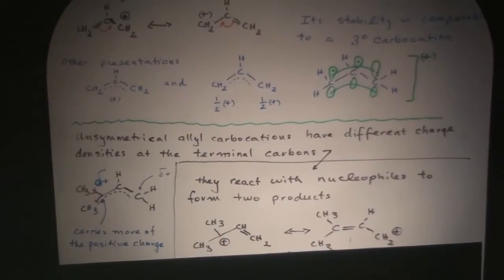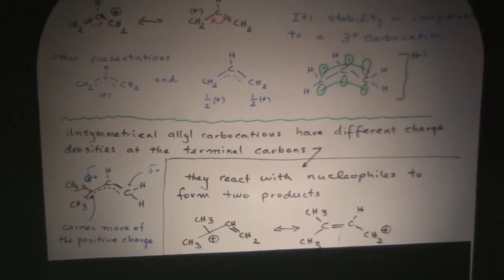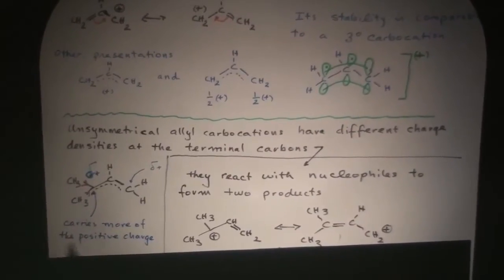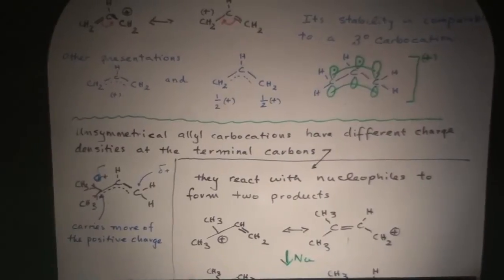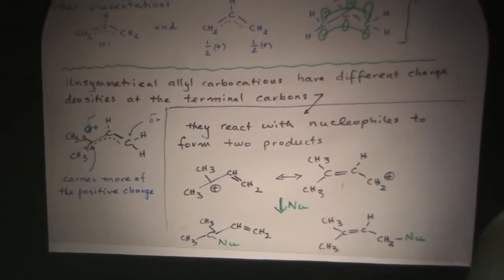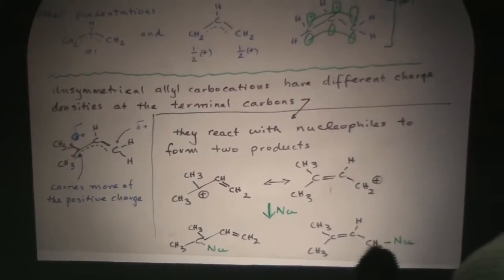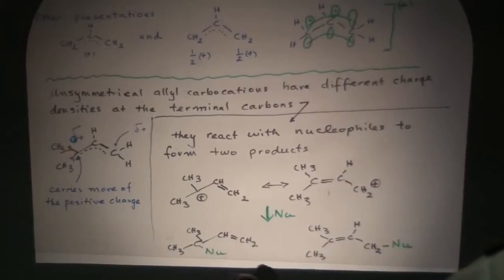And it depends on the nature of the substituents. Electron donating substituents will favor a positive charge here. Electron withdrawing will favor it on the other side, as always. And the other thing, when you have unsymmetrical systems, such as this one here, the nucleophile can attack in principle and in practice on either side.